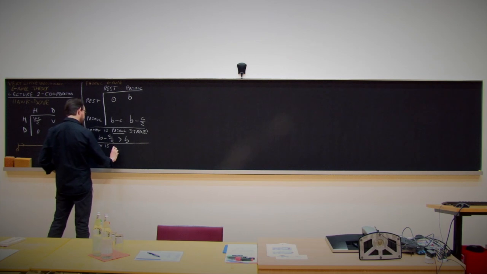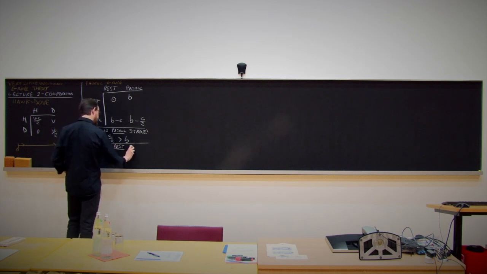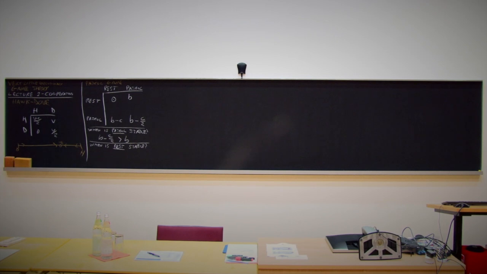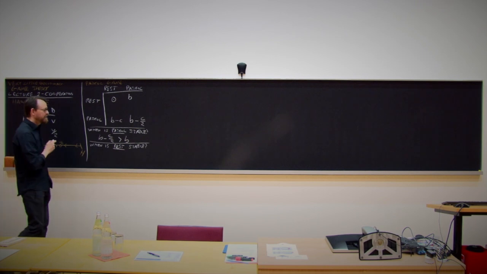When is rest stable? Same mental gymnastics. Again, think about it when we're asking about evolutionary stability. You're always doing this odd comparison, at least it's odd until you get used to doing this.